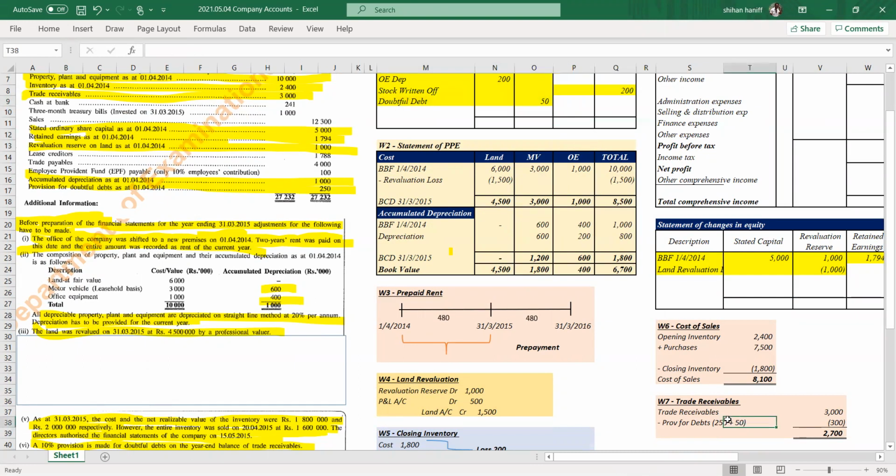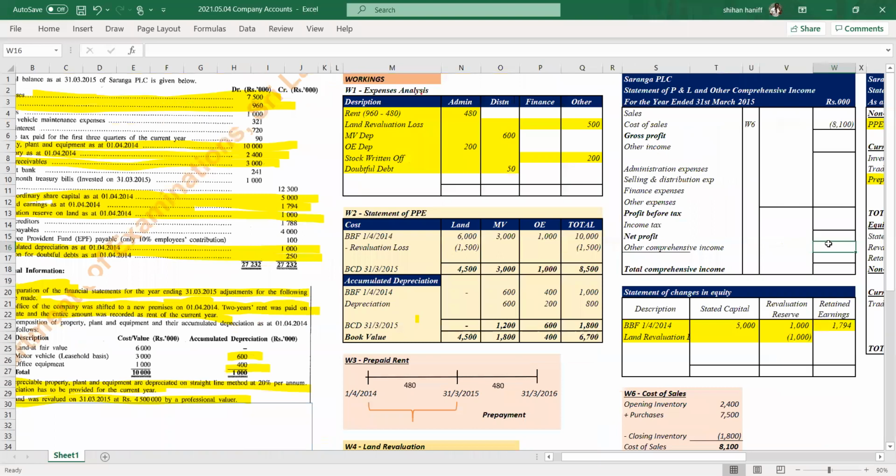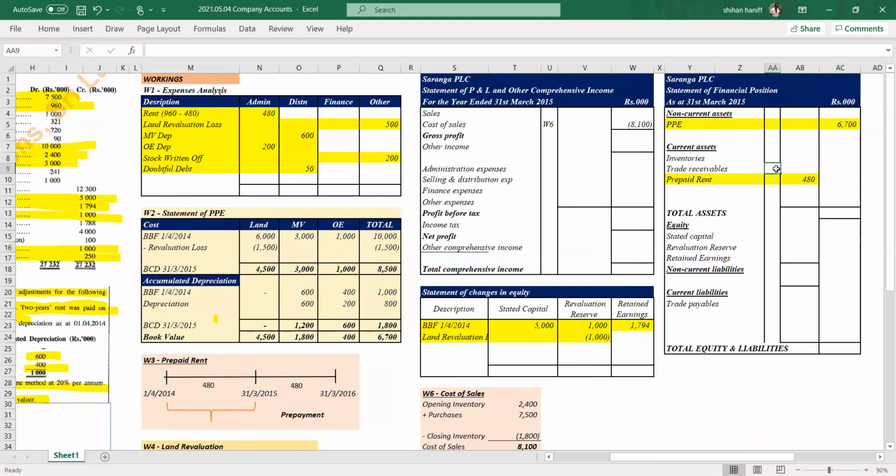Right. Already 250 is in the account. So we need to increase this by 50. So net debtor balance is 2,700 that we have to take under statement of financial position.